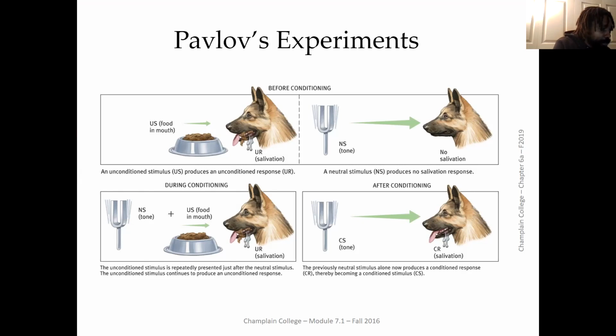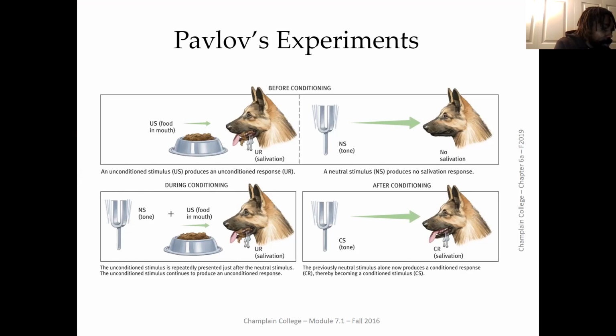Now, when we pair the bell, which is called a neutral stimulus, with the meat powder, the dog will salivate. After pairing the meat powder with the bell several times, the dog was eventually conditioned to salivate to the bell alone. The result: the bell alone results in salivation. This is called the conditioned response, since it's not naturally occurring.